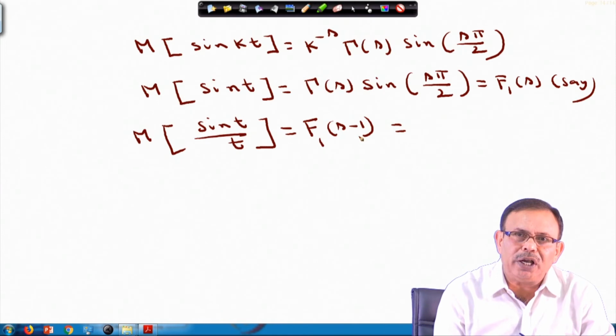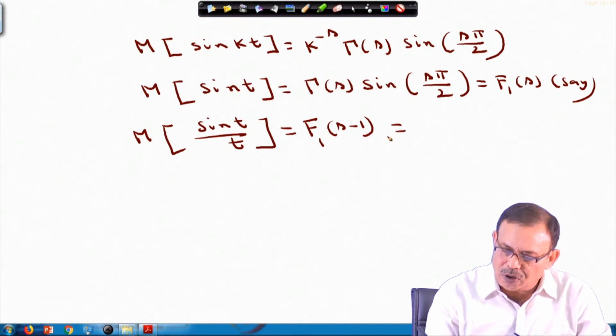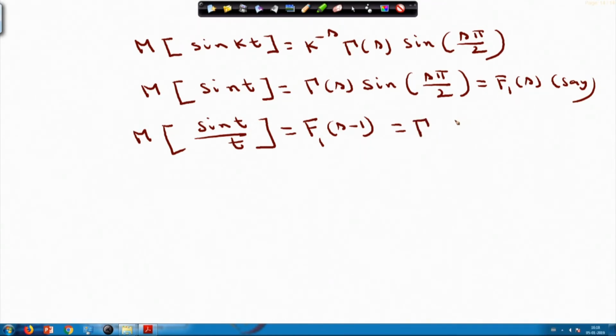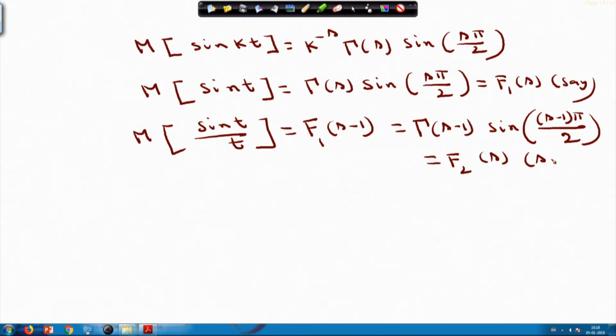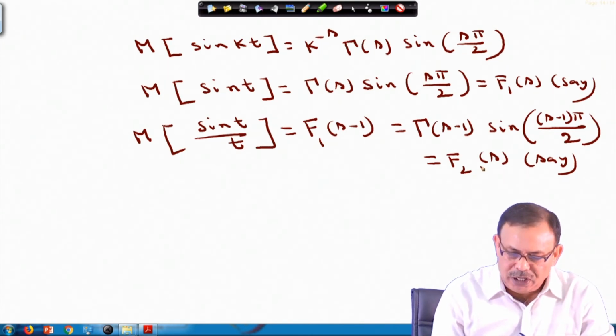So, by substituting s by s minus 1, I can write down the value of f1(s minus 1) also, which will be equal to gamma(s minus 1) into sin((s minus 1) pi by 2), and say this is equal to again f2(s), another function of s. Therefore, Mellin transform of sin t by t is gamma(s minus 1) sin((s minus 1) pi by 2), which I am assuming as f2(s).